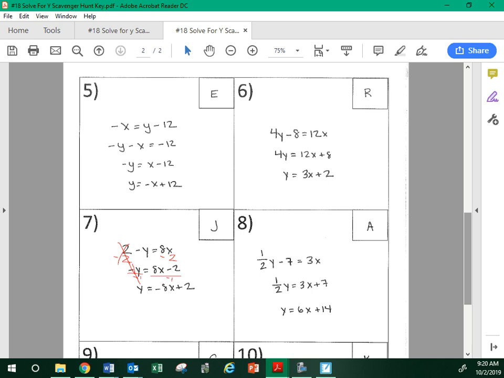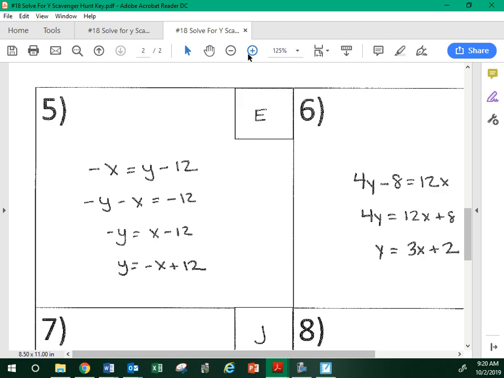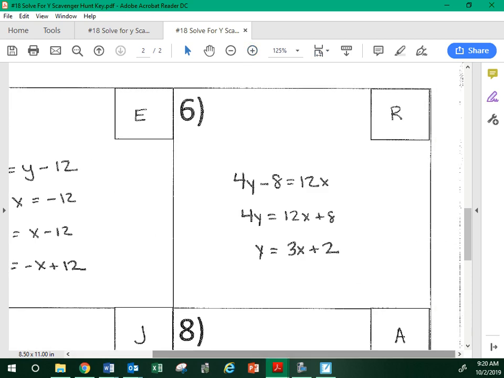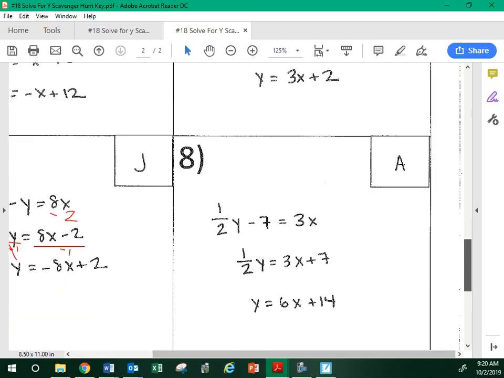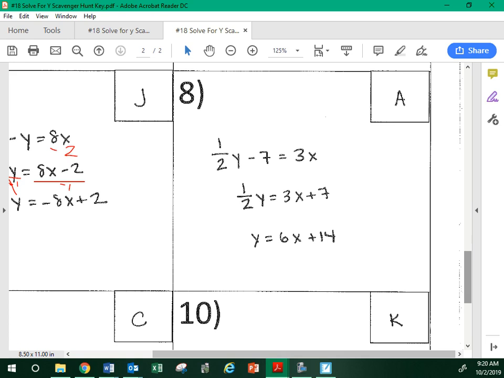Let's take a look at number 8. Number 8, you threw a fraction in here. And you're going to get fractions. We're in high school. We do have fractions. They are actual numbers that exist in the real world. So we have 1/2 y minus 7 equals 3x.